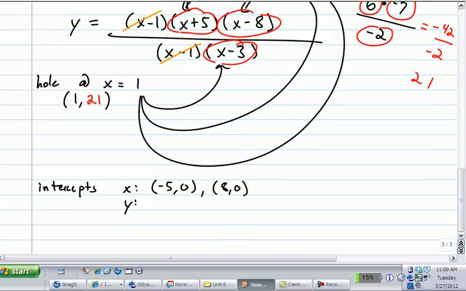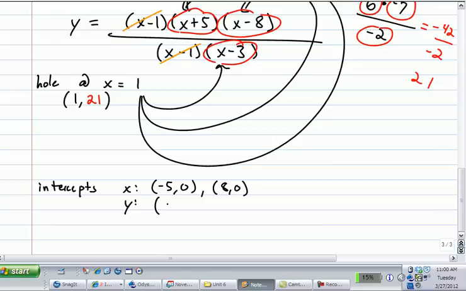Negative 40 over negative 3. Isn't it negative 40 over negative 3? So 40 thirds? Okay. And if you want to do the y-intercept as a decimal, that's fine.